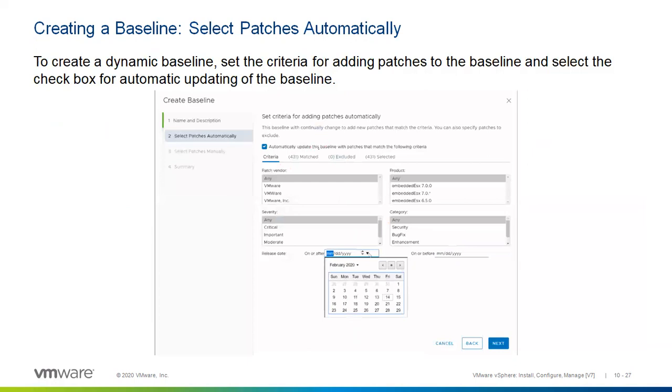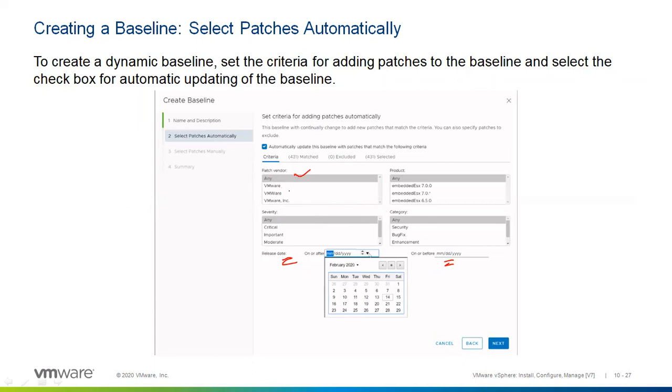It is saying patches are automatically set by criteria, adding patches automatically. When we say automatic, whatever duration we select from here, from this date to this date, it will automatically pick. If you select any, then it will pick all.